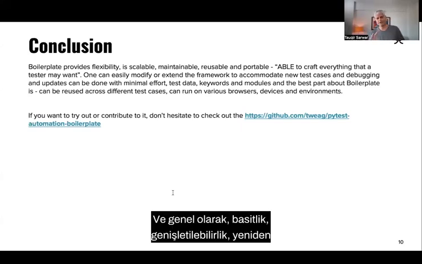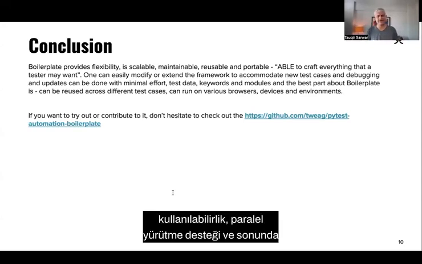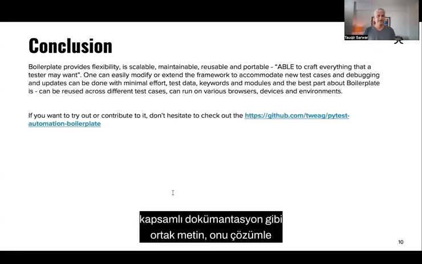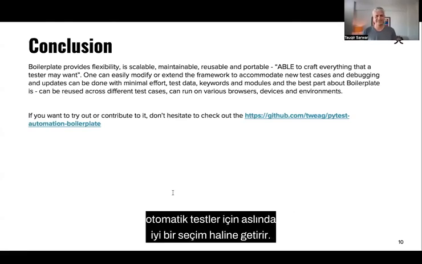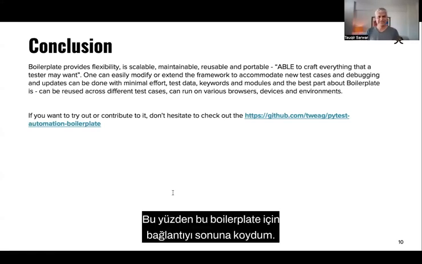Overall, the boilerplate's simplicity, extensibility, reusability, parallel execution support, and comprehensive documentation differentiate it from competing solutions, making it a good choice for automated testing in the QA ecosystem. I put the link at the end for this boilerplate.